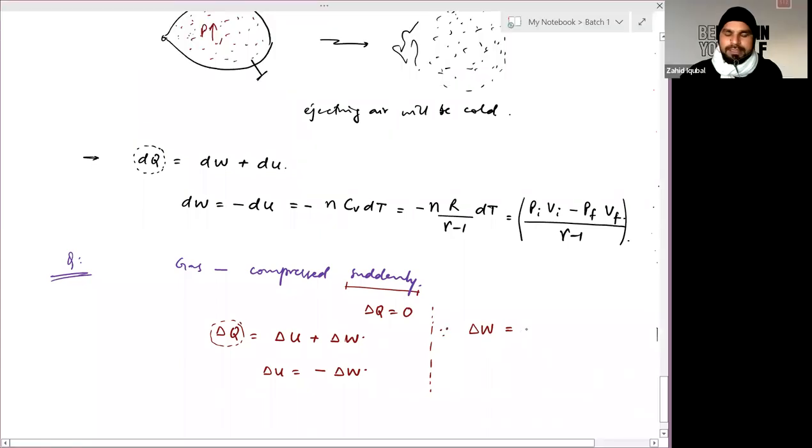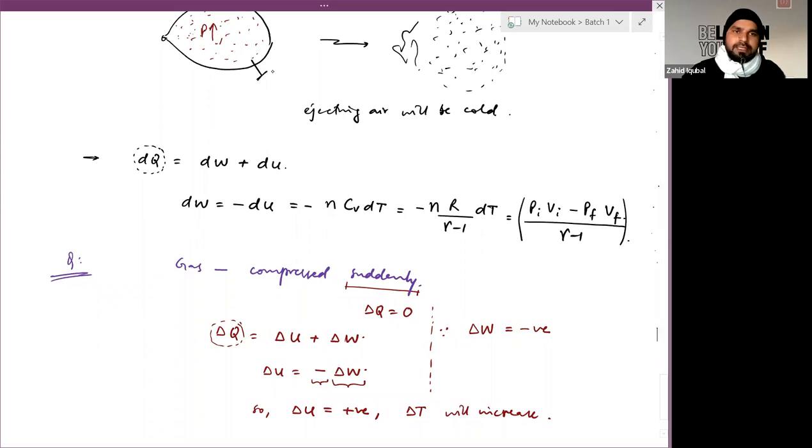Since delta W is negative, if you put this term in, this negative and this negative will become positive. So the change in internal energy will be positive. For the sign convention, if change in internal energy is positive, will temperature increase or decrease? Temperature will increase. Hence, the gas gets heated up.